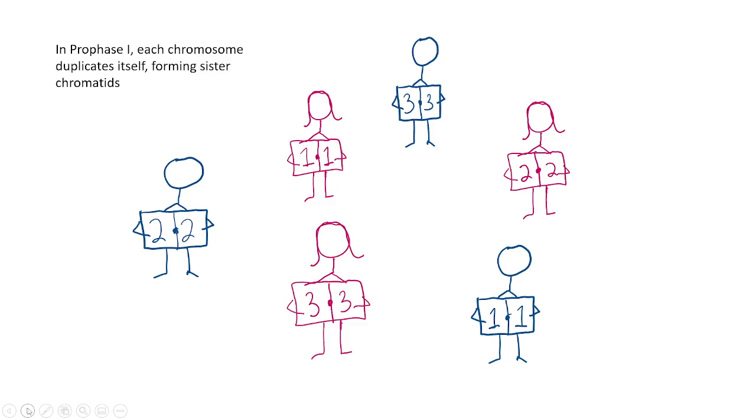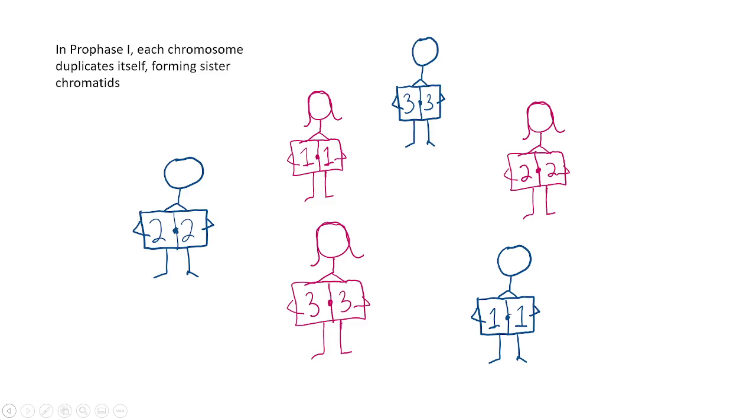Okay. Now this organism wants to produce gametes. It wants to produce either egg or sperm. And so it's going to have to go through the process of meiosis. In the first step of meiosis, in prophase 1, each of the chromosomes in that cell is going to duplicate itself.